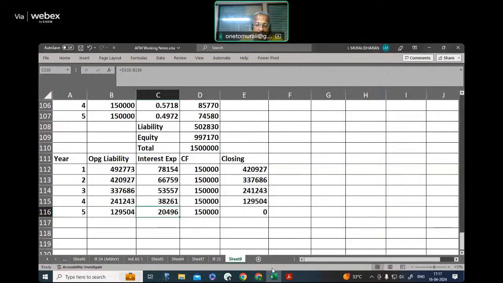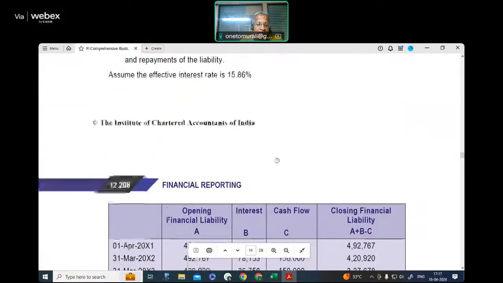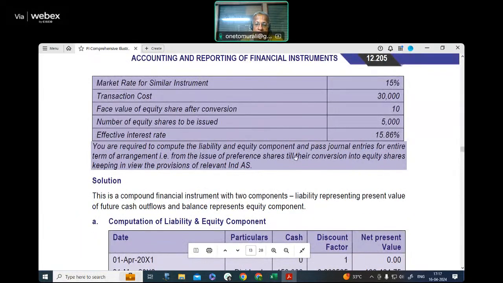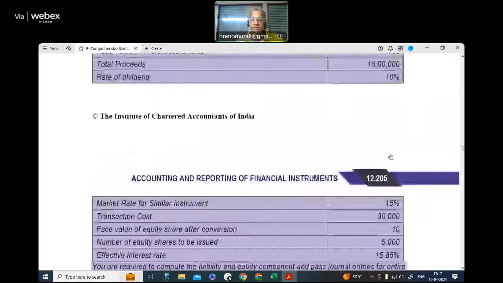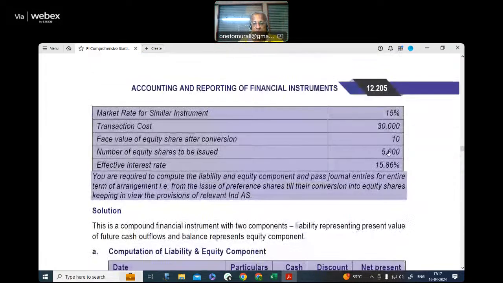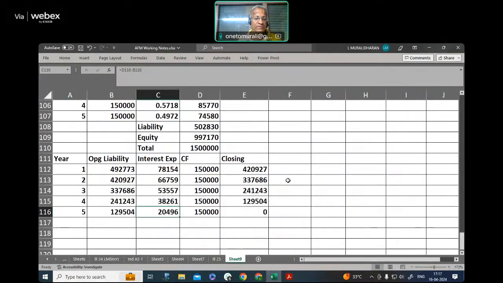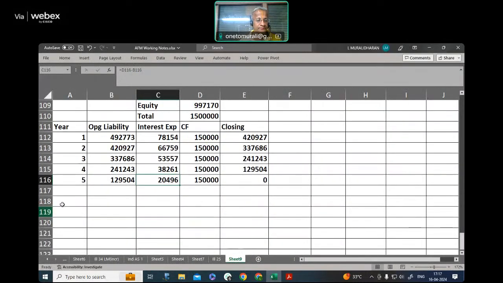Now, the scheme of journal entries that we are expected to pass through all of this. We are able to compute, and through the entire scheme, this is how it is to be taken. You are required to compute the liability and pass journal entries for the entire term of the arrangement. So for 5 years you have to pass a scheme of journal entries, and it is a repeated journal entry only. Only the numbers will undergo a change.